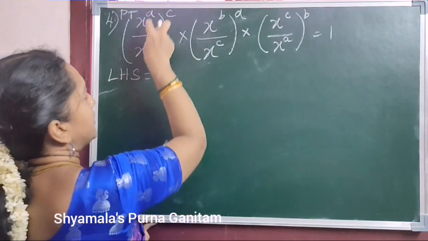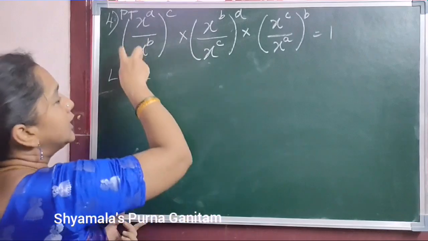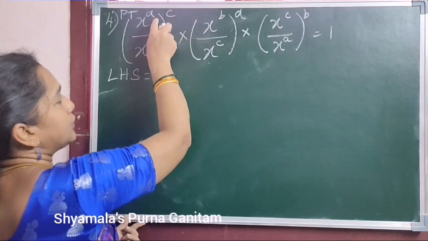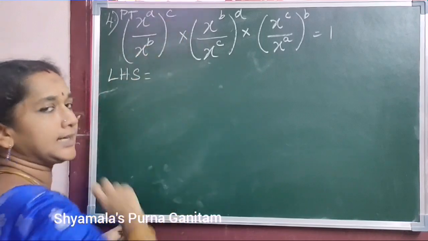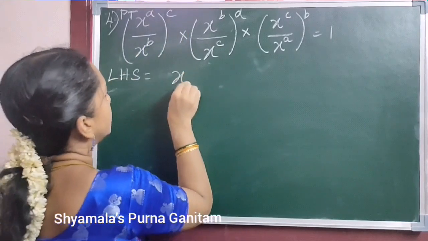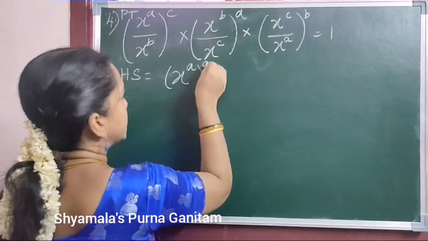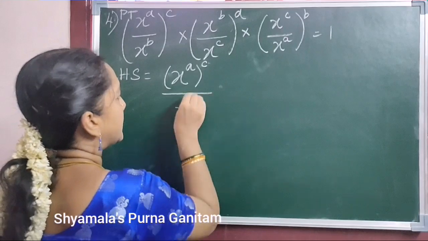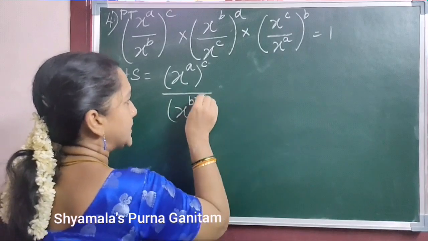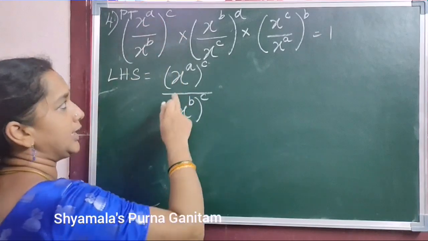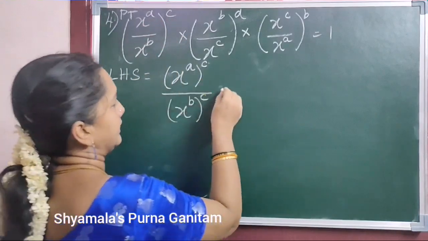So this one is (x power A by x power B) whole power C. So the meaning for this is, this C is there for both the numerator and the denominator. So when we rewrite it, (x power A) whole power C by (x power B) whole power C. So you can rewrite it like this.